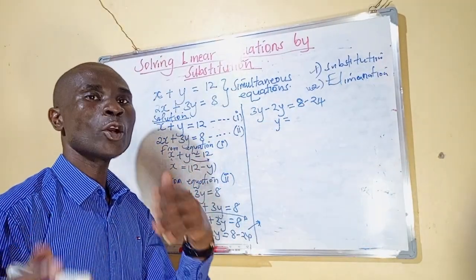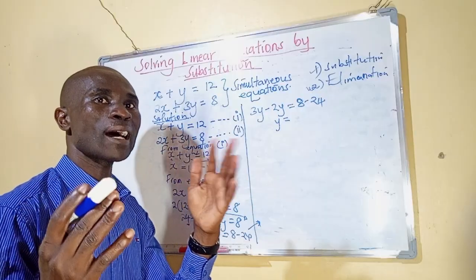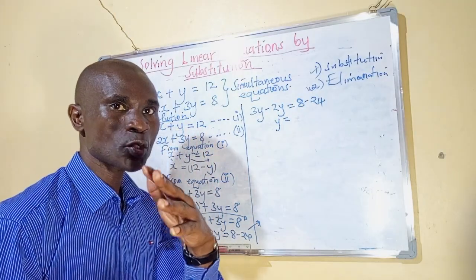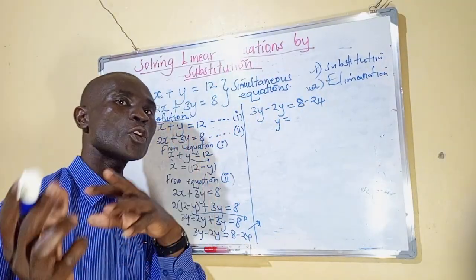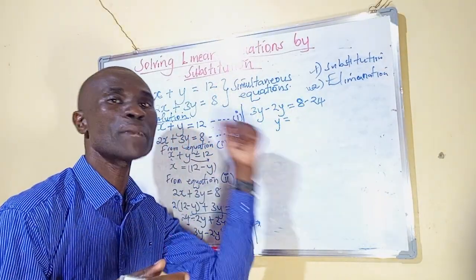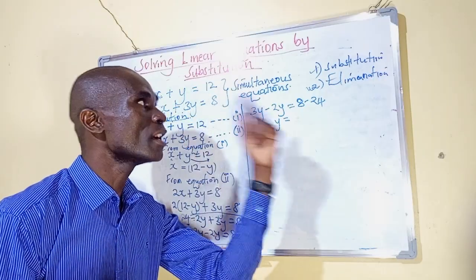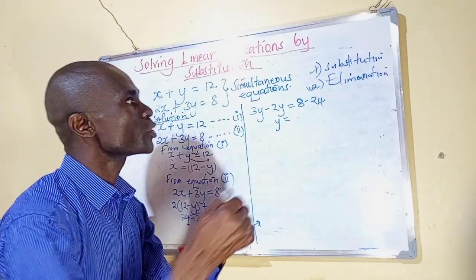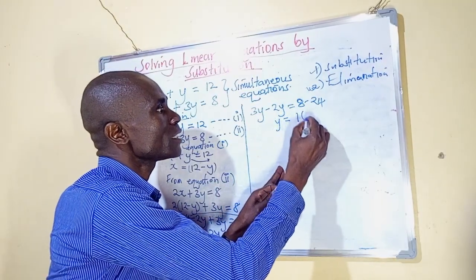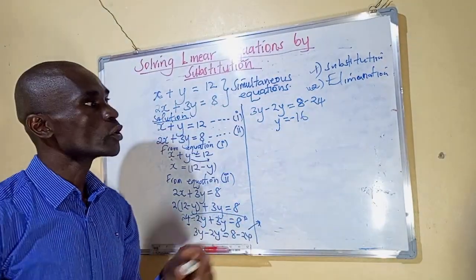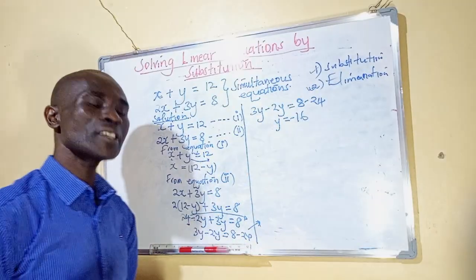Normally we cannot subtract a bigger number from a smaller number, so we subtract the smaller one from the bigger one, but remember at the back of our minds the number must be negative. So we shall have 24 less 8, you get 16, but it is negative. So our y is negative 16.